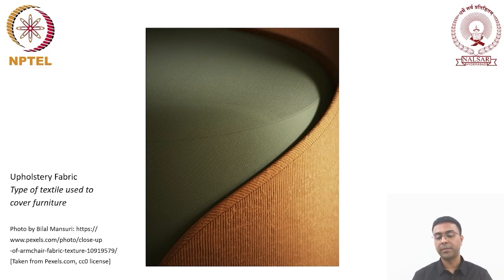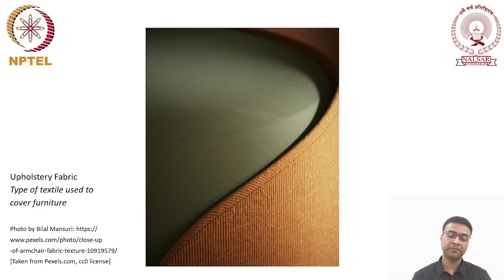Take a look at this image. What you see is a portion of a sofa or a chair. But what is striking is the fabric that is used on this furniture. This fabric is referred to as upholstery fabric.